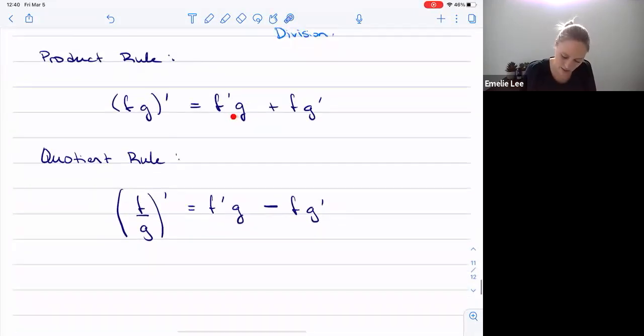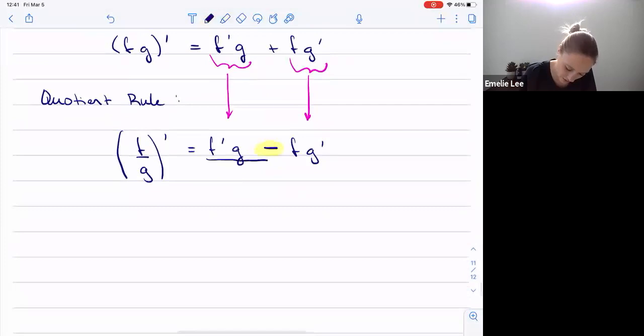Notice that I use the same setup for each of these, which the textbook doesn't. Notice that this is subtracting instead of adding, but these two kind of translate down, and that's what I wanted to highlight. And then we get, not out of nowhere, over g squared, which is the original function of g squared.